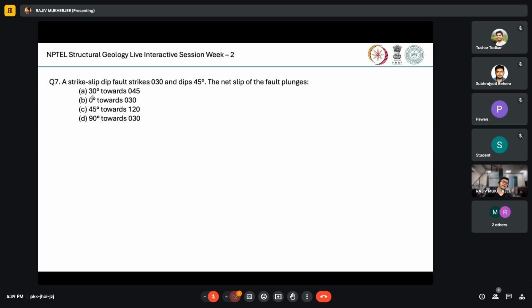Yeah, exactly. So for explanation, we can say that it is given to be a strike slip dip fault. That means the fault probably would look like this. So this is one block.